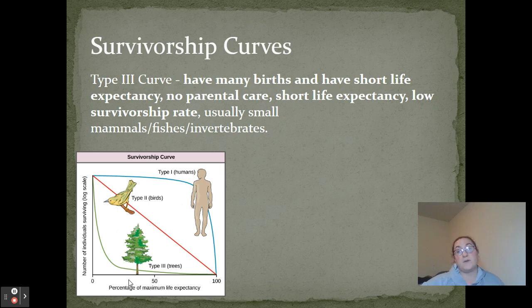There is no parental care. Very short life expectancies, low survivorship rates, and this is usually your fishes and invertebrates. They have thousands of eggs, and maybe only 10 of them survive. It's just how these species have learned to grow.